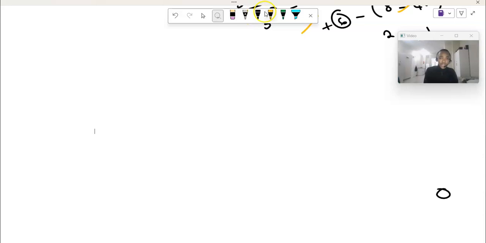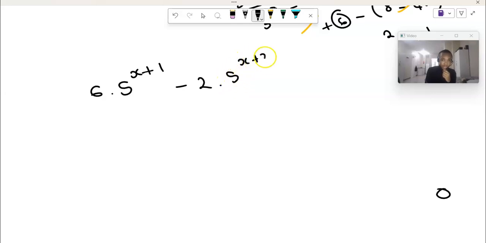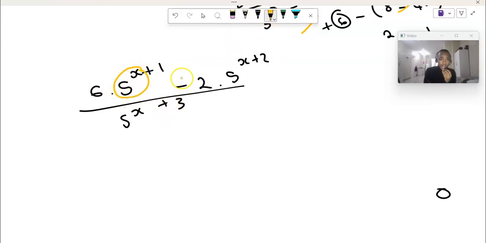Okay, so let's look at another example, the last example, which is 6 times 5^(x+1) minus 2 times 5^(x+2) divided by 5^(x+3). In this case, we notice that 5^x is common in all these terms, so you can take out 5^x as a common factor.